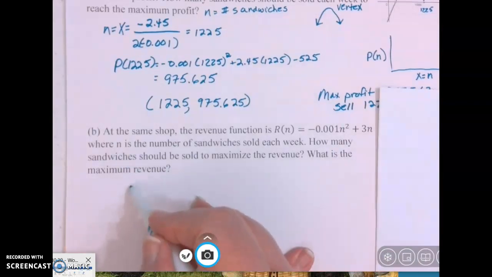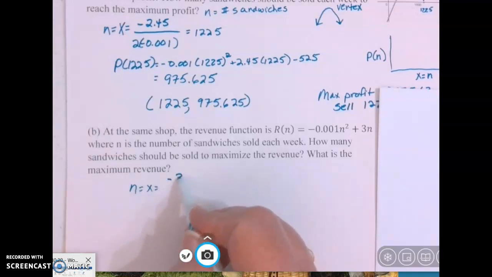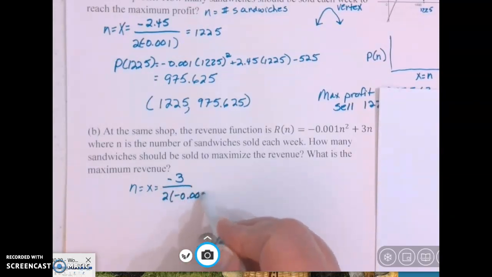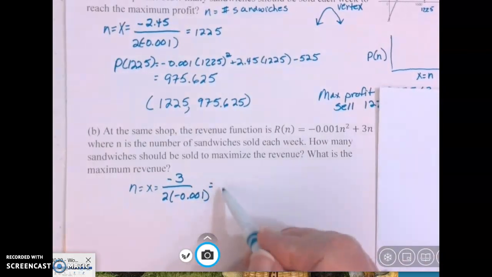Again, find your vertex. So n, which is x, is equal to negative b, that'll be negative 3 over 2 times negative 0.001. And that value, when you put it in your calculator, equals 1,500.